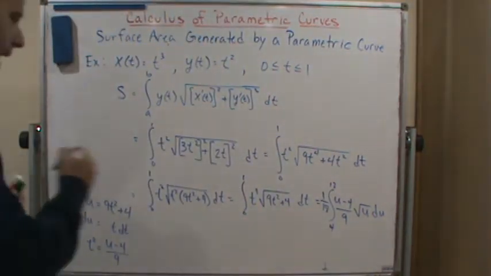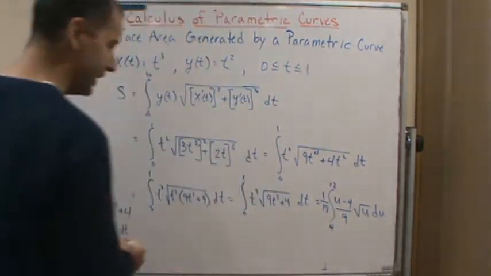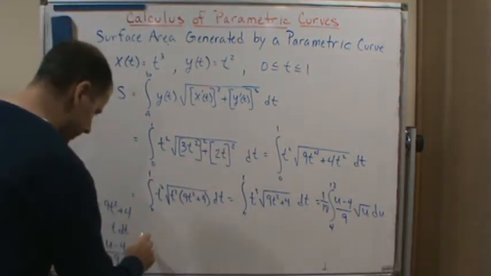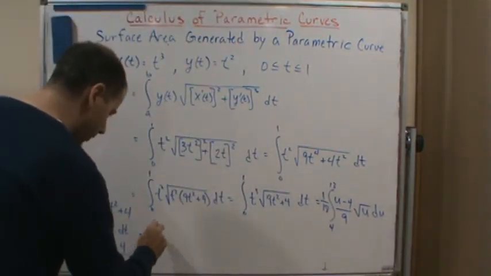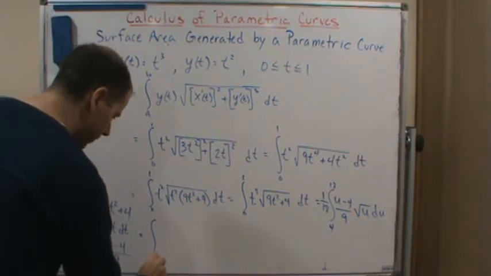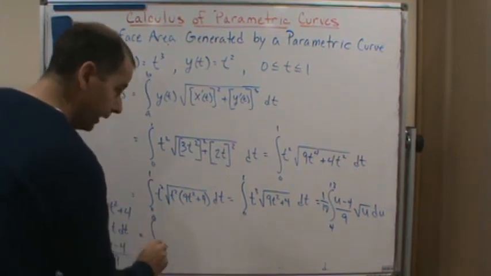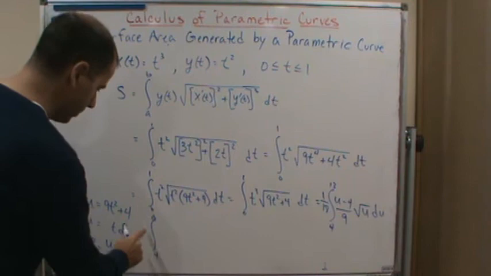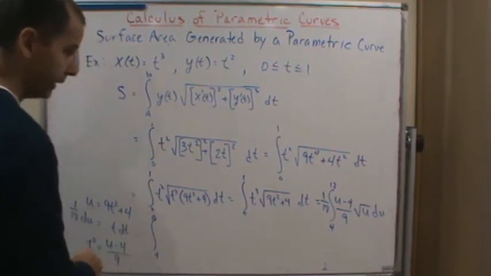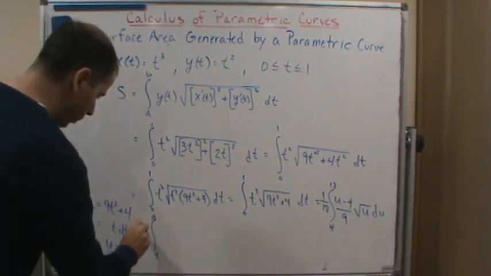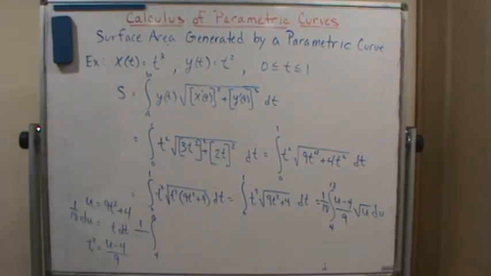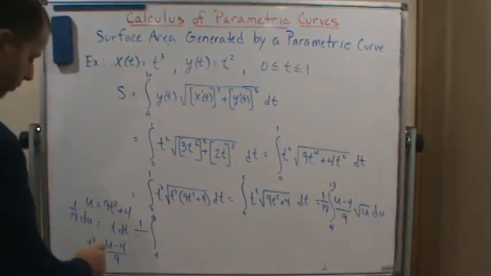All right, so now I'm going to pull out the 9. So watch what happens here. This is going to go from 4 to 13, and I'm going to pull out the 18. So this is going to be 1 over 162.